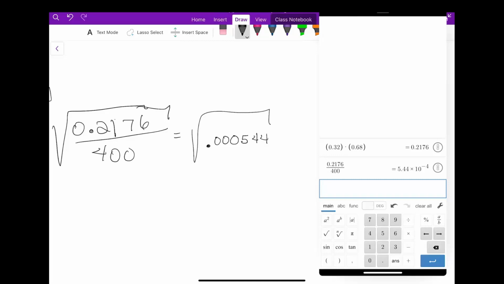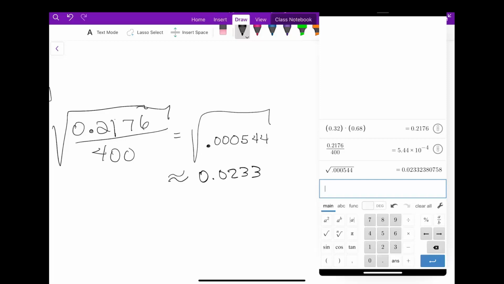And we are ready to do our last step, which is the square root. Square root of 0.000544. Now this is approximately, because I'm about to chop off a bunch of numbers. It's asking me to round to 3 decimal places. So I'm only going to write 4. I don't care about anything else because it's going to get erased anyway.